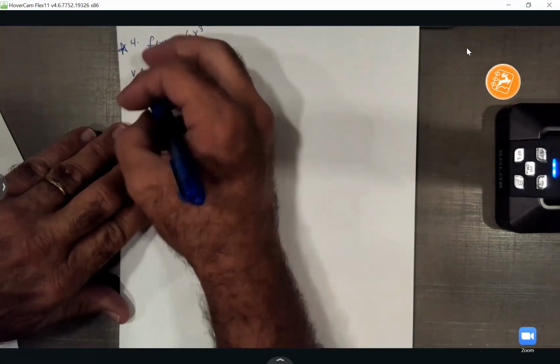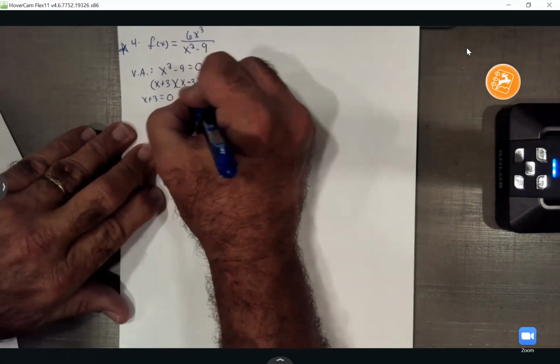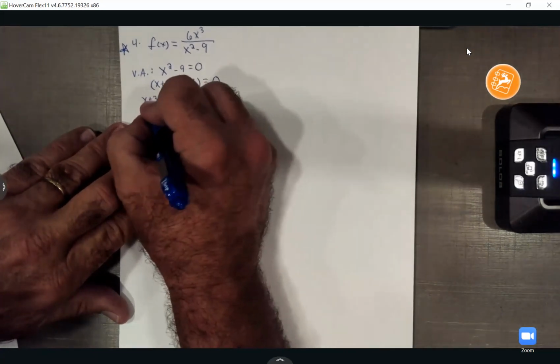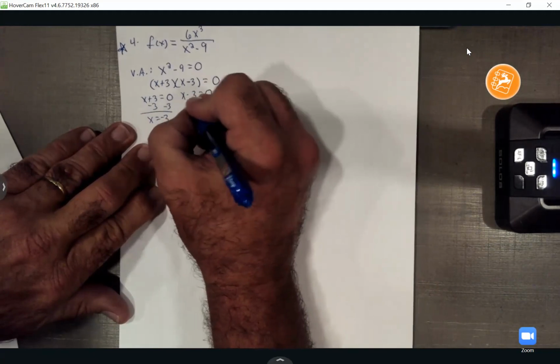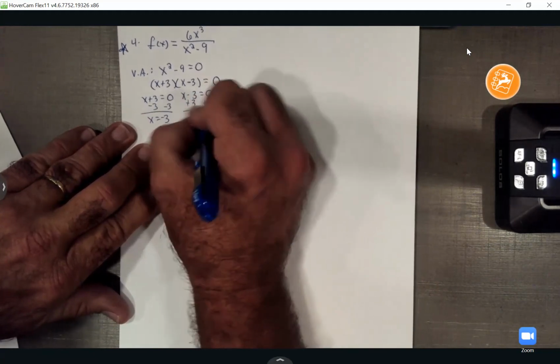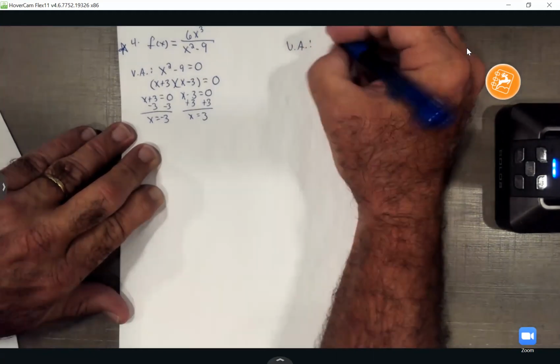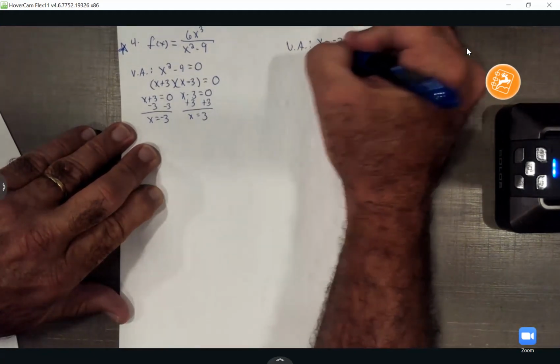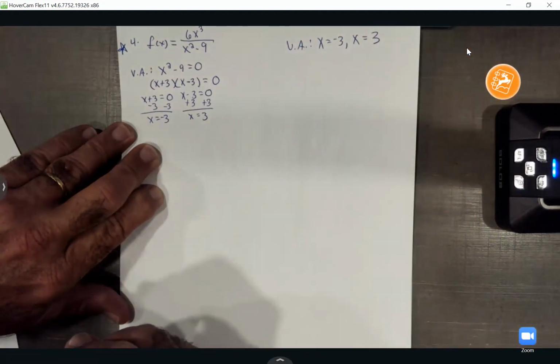All right, I'm gonna set both equal to 0. So y'all basically changing the signs. x is -3, and this is going to give me +3. So I know my vertical asymptotes are going to be x equals -3 and x equals +3.